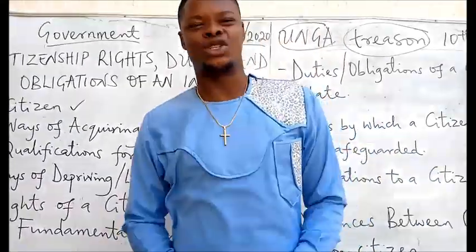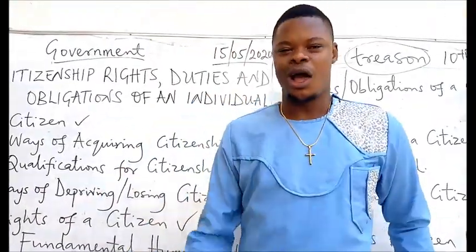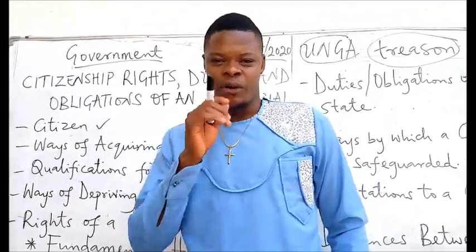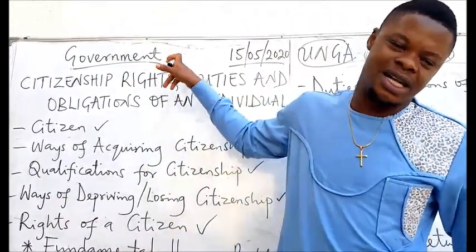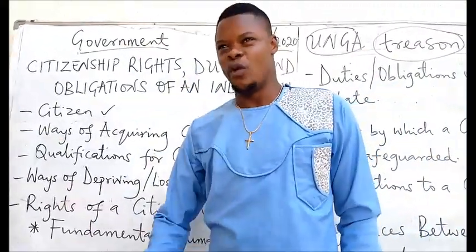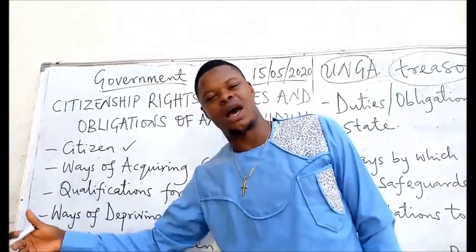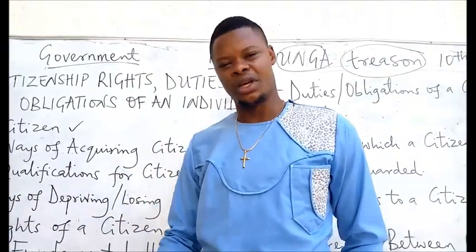Another one is what is called right to vote and be voted for during elections. So when we treated universal adult suffrage, we talked about the right every adult has to vote and be voted for during election.